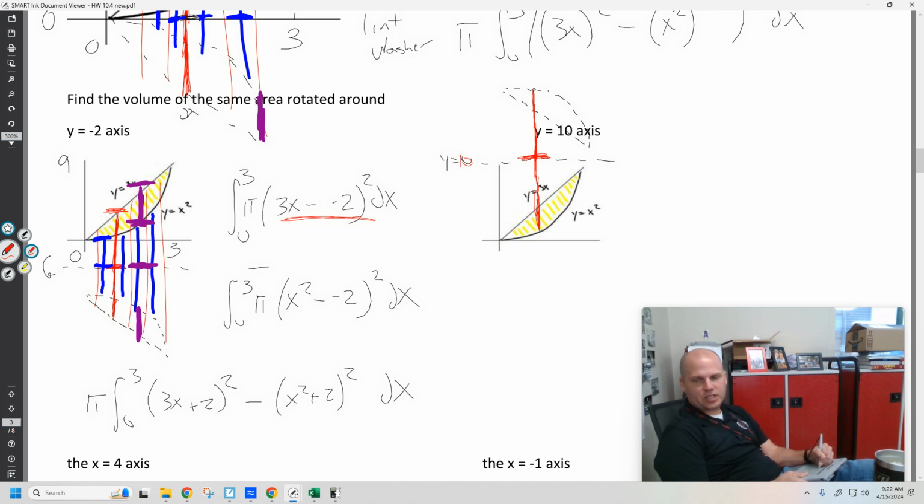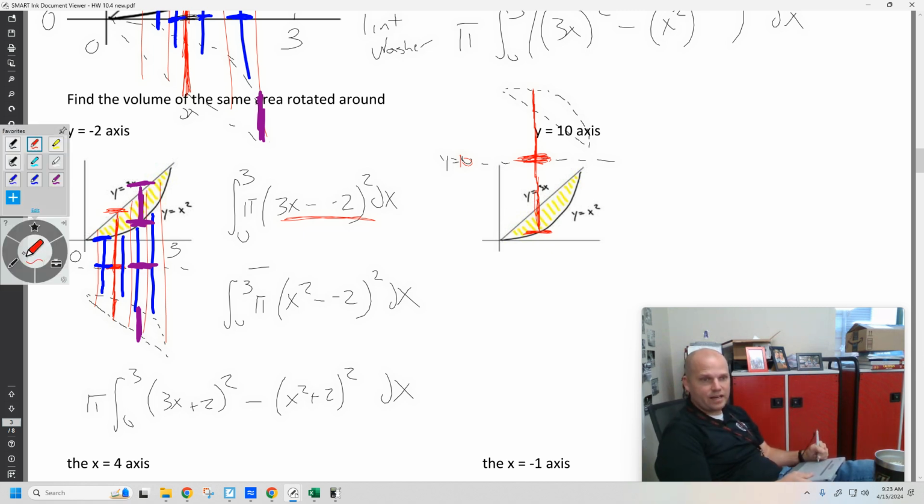A lot of you like to go to the top, but I don't know the equation of that. I know it's y equals x squared reflected, and it's above y equals 10, but I don't know the equation. So I'm going to go to the middle and say that's like the top of my radius, and this is the bottom of my radius. Many of us don't see why we should be going middle to bottom. This is an equation I know. This is an equation I know. This is my radius. This is the first one that is going to be challenging many of you.